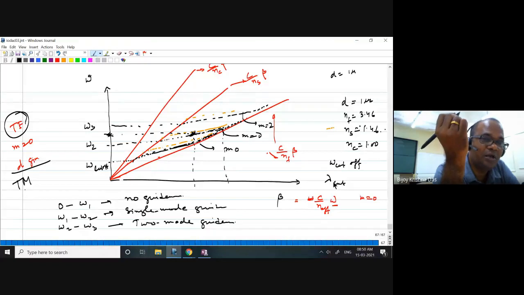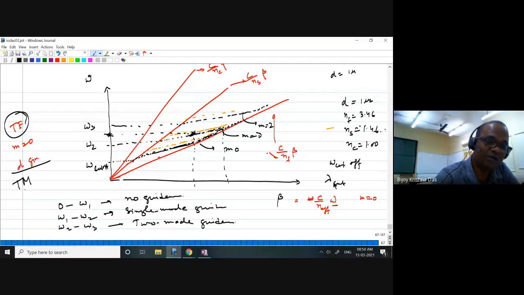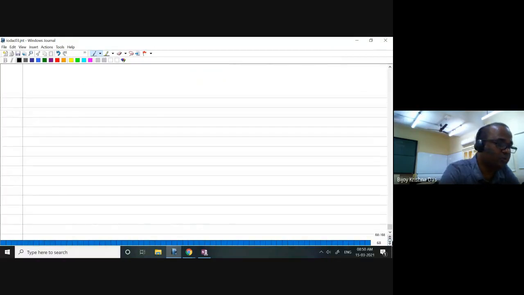So for example, suppose you have a lambda cutoff, something like this. Lambda cutoff is say 1.6 micrometer.